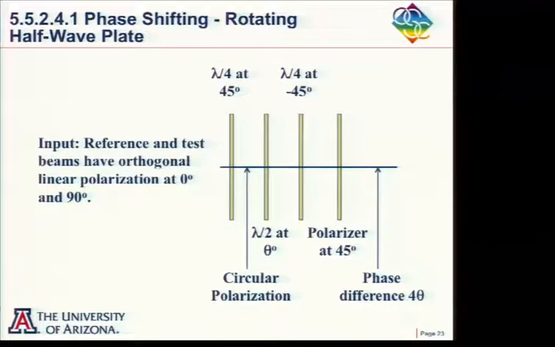And we've looked at polarization type interferometers for getting that. Now in the output beam, the test and reference are coming out here, and we're going to send that through a quarter wave plate oriented at 45 degrees. And that's going to make both these beams have circular polarization. One will be right-handed circular and the other one will be left-handed circular. So after the quarter wave plate we have left-handed, right-handed circular.